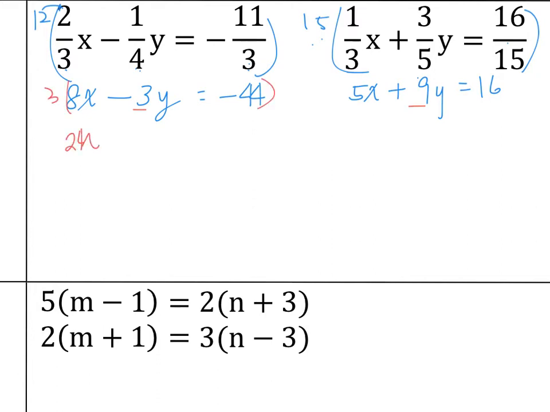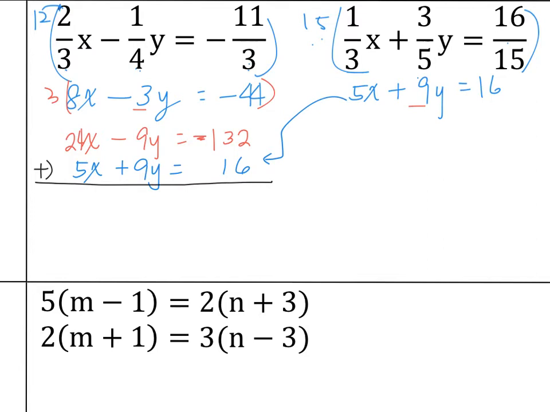So I get 24x minus 9y equal to negative 132. Okay, and then now I'm going to rewrite this equation down here and line the terms up. Okay, so I'm going to choose addition because when I add these two equations, I can eliminate negative 9y plus 9y, which is 0.